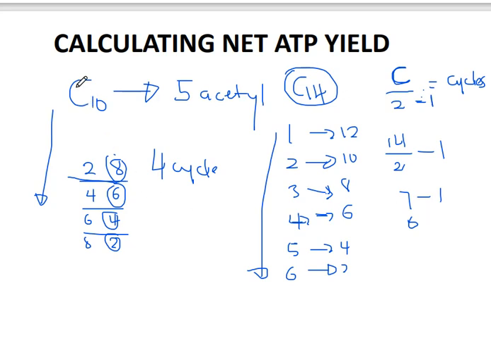In the case of the 10 carbon, I'm going to have 10 over 2 minus 1, so 5 minus 1, which is 4 cycles. That will give me the number of cycles I will go through to break down the fatty acid into 2 carbon fragment units of acetyl-CoA.